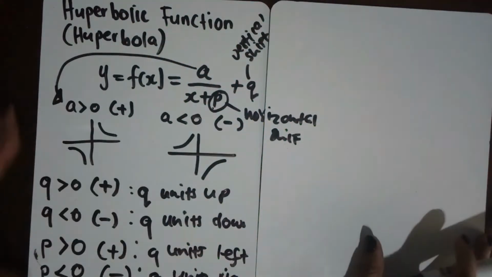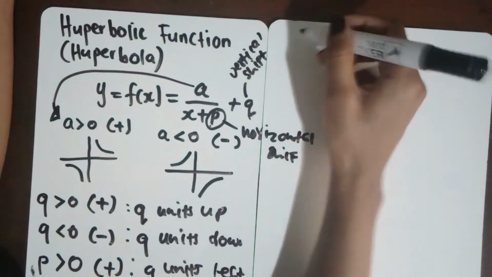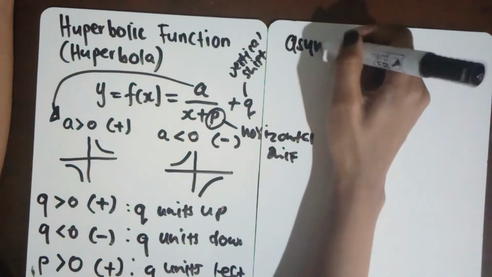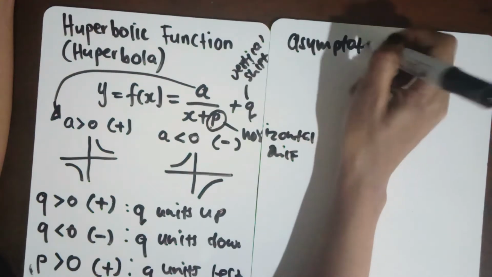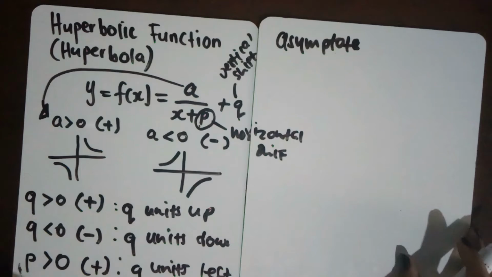The other important thing about the hyperbolic function is the concept of an asymptote. An asymptote is a line that a curve approaches.